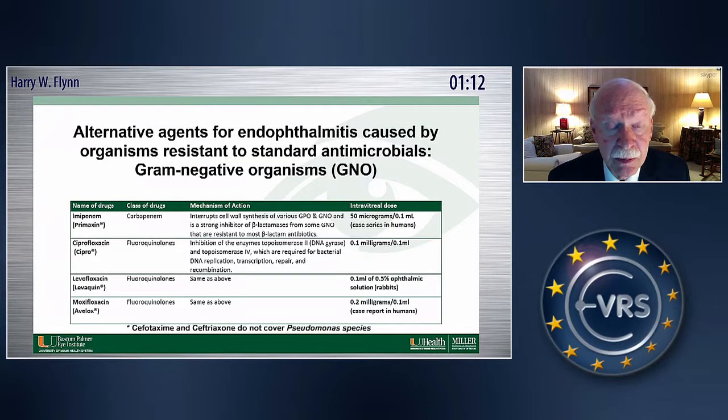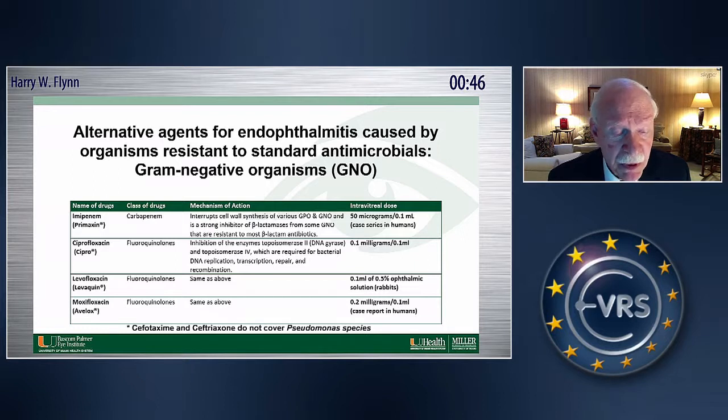As far as gram-negative organisms, an alternative is imipenem, and there's a large series here using 50 micrograms in humans, primarily in cases of trauma. These cases were resistant to ceftazidime and cefepime.